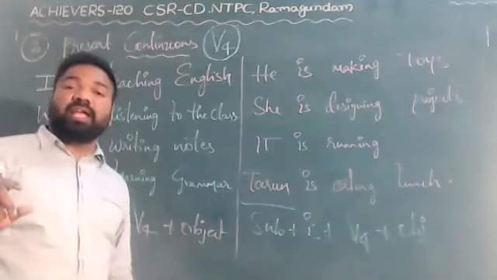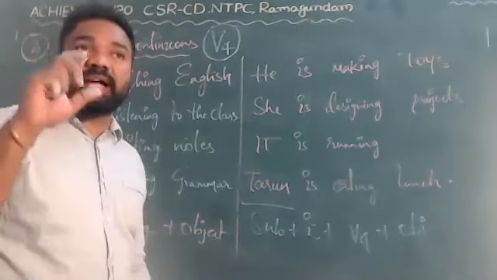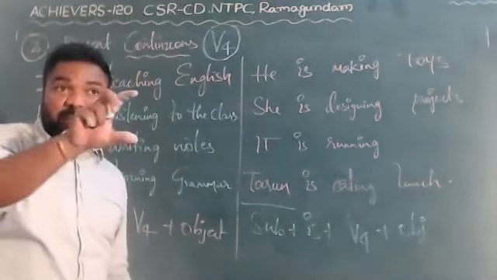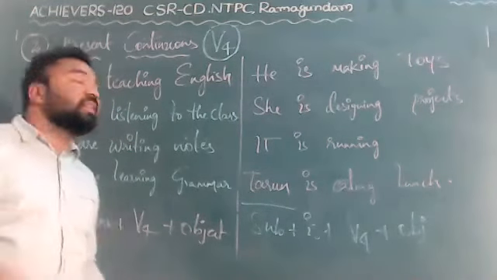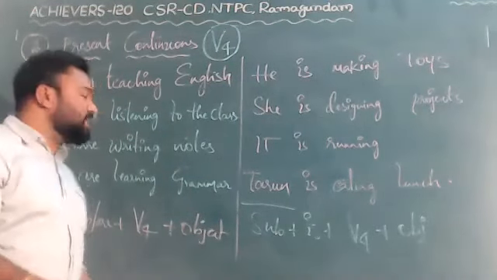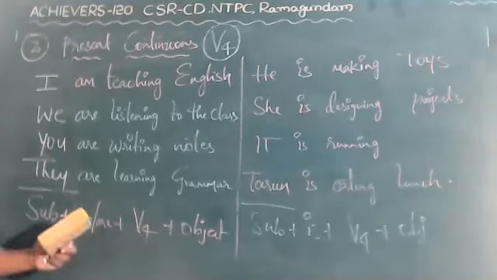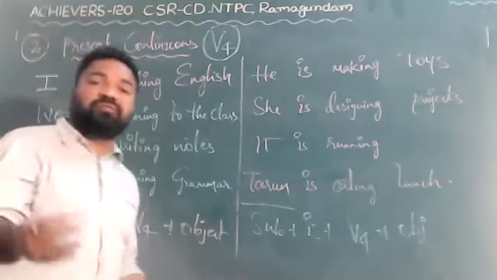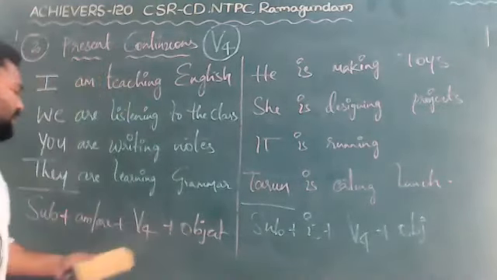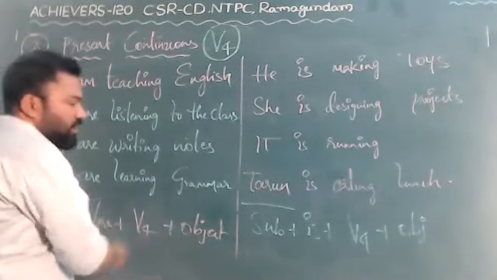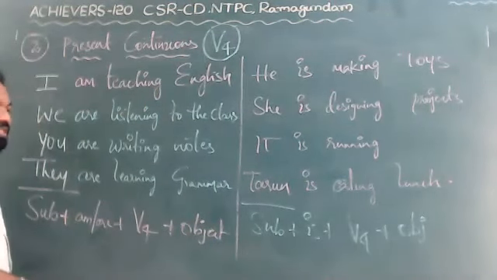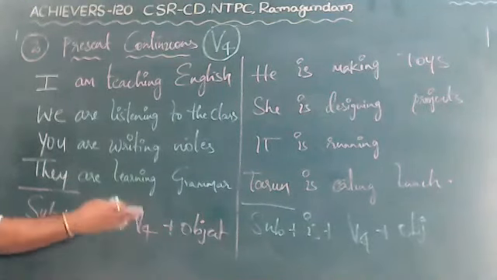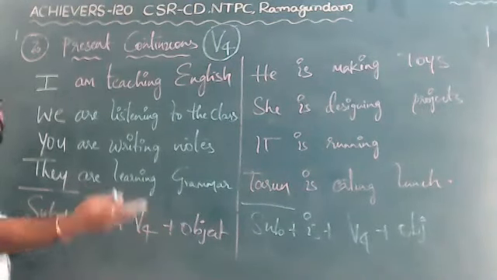We only have to be witness for some actions which go on at present. So then and only this tense is used, and this tense is used like subject plus am, is, or are plus V4 plus object. Like this can be made, my dear students.